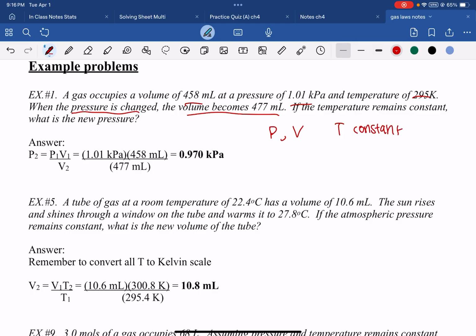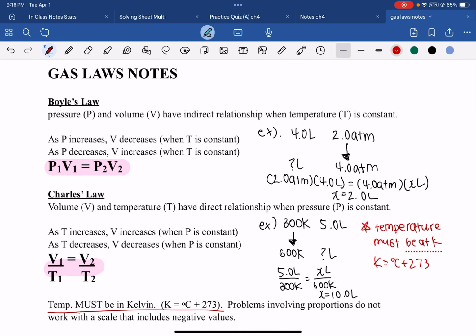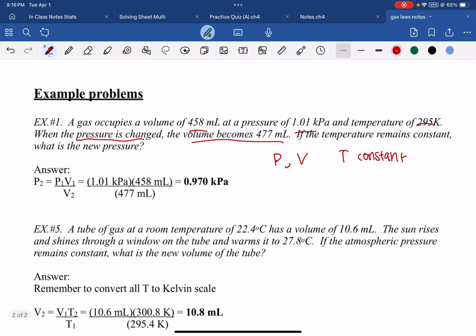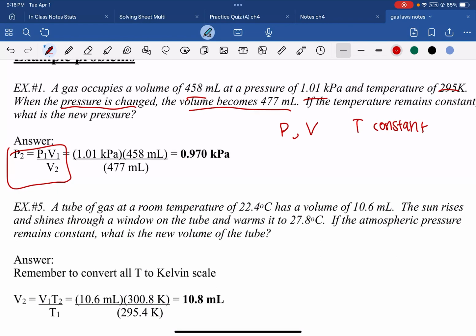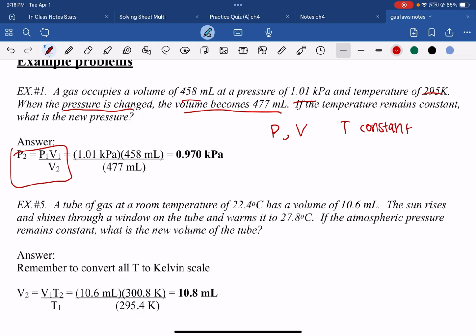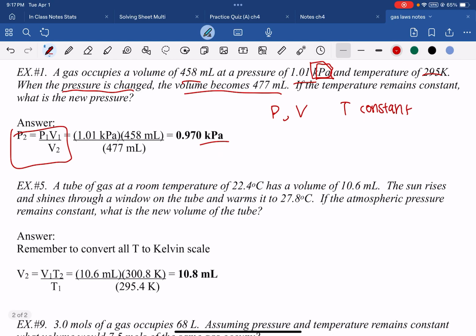So immediately we know that this is about Boyle's law. So again, we're just going to plug in the numbers to this equation. And for Boyle's law, by the way, if you are given a specific unit for the pressure, the answer has to be in that unit too.